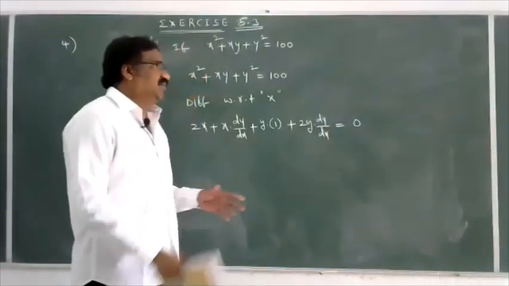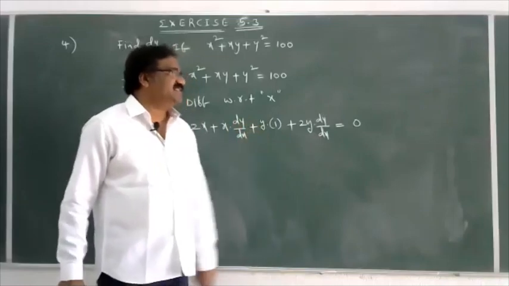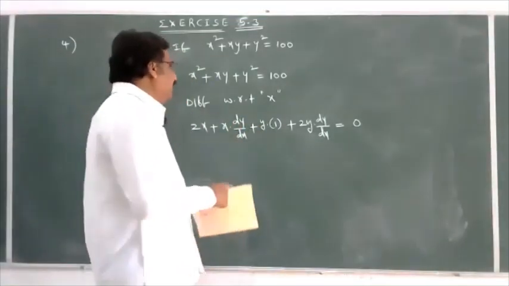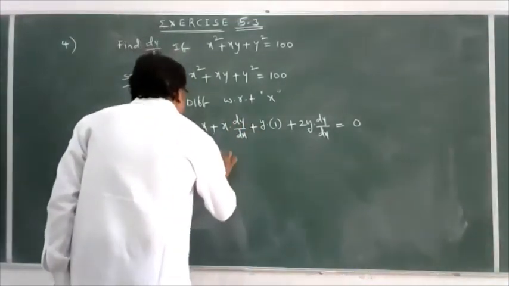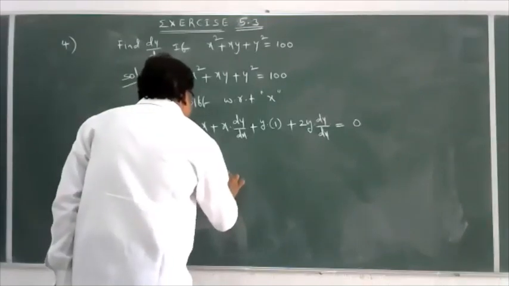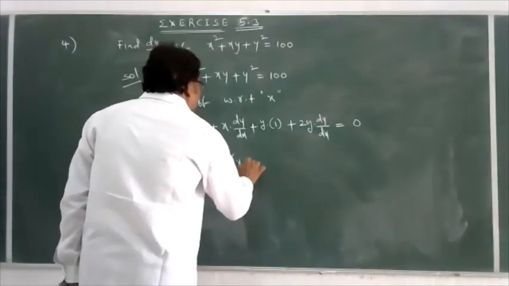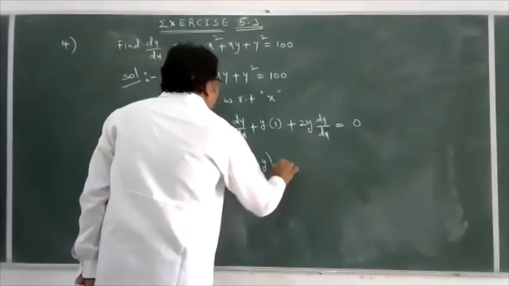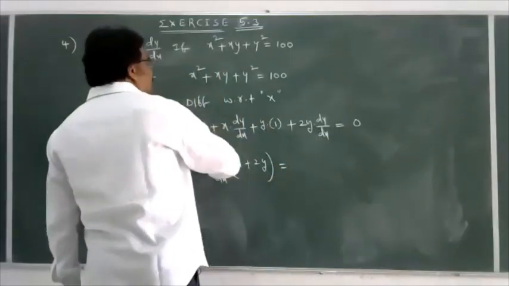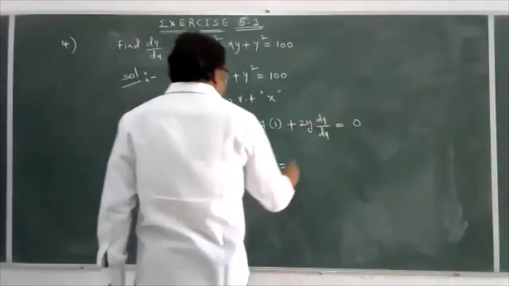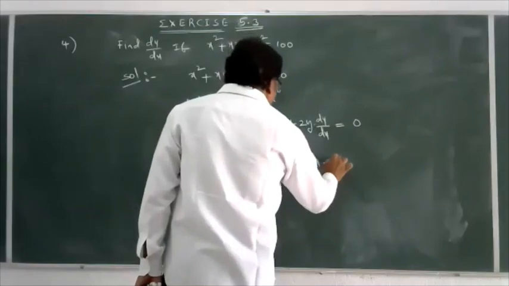Here we want to find out the dy by dx. That's why you take dy by dx common. So dy by dx into x plus 2y, you bring the remaining two terms to the RHS, then you get minus 2x minus y.